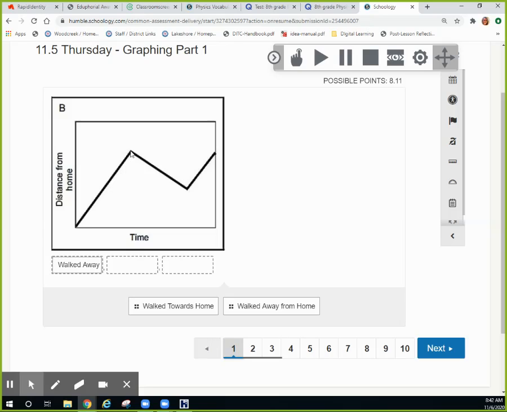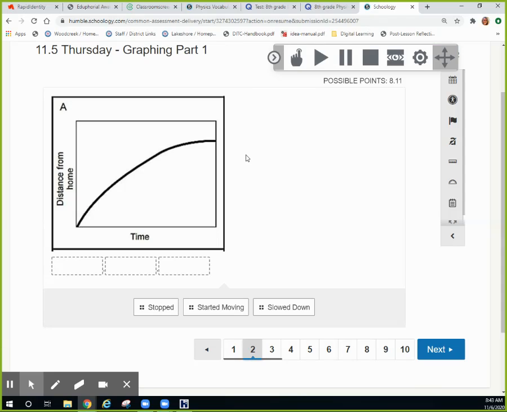Here, they change direction and they go back toward home, okay? So they're going towards 0, towards home at a certain speed. And at this point right here, they changed direction again and they began to walk away from home. So their distance is still increasing away from 0, okay? Are there any questions about what I just said?